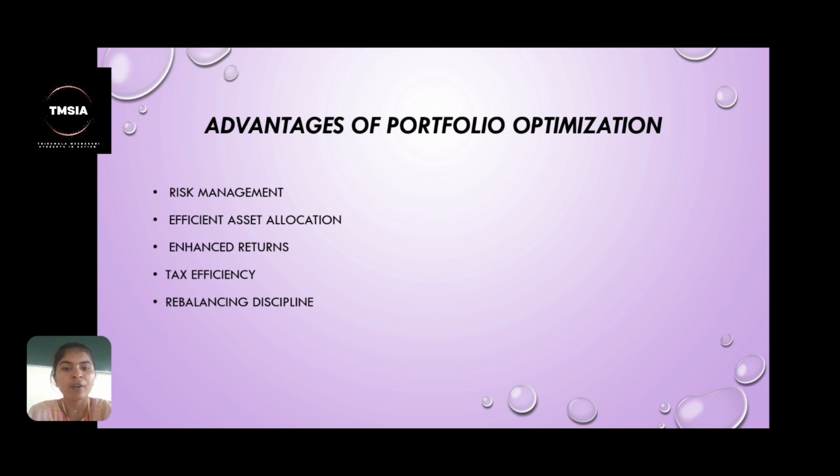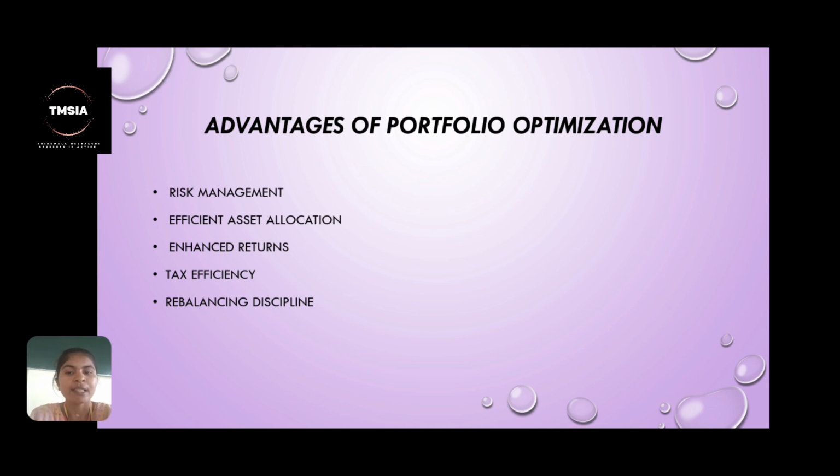Investors can aim for higher returns than a non-optimized portfolio by strategically selecting assets with higher expected returns and combining them in an optimized portfolio. Optimization techniques also help identify investment opportunities that align with the investor's risk profile and return expectation.